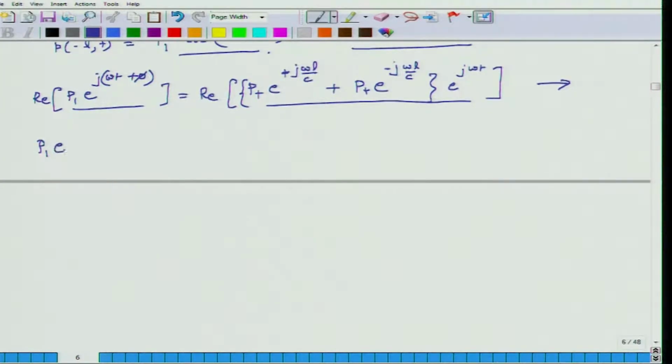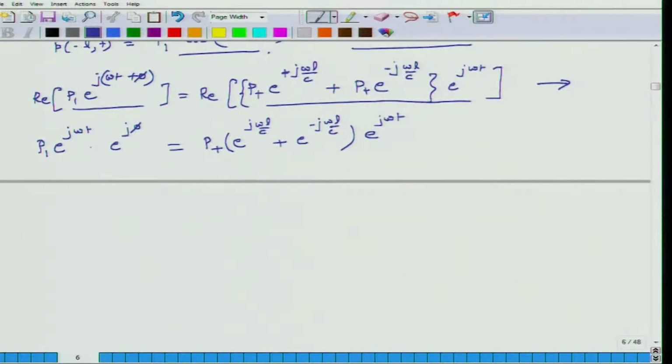That P1 e j omega t, and I am going to expand e j omega t plus phi as e j omega t times e j phi, and this equals P plus, e j omega L over c plus e minus j omega L over c, e j omega t.